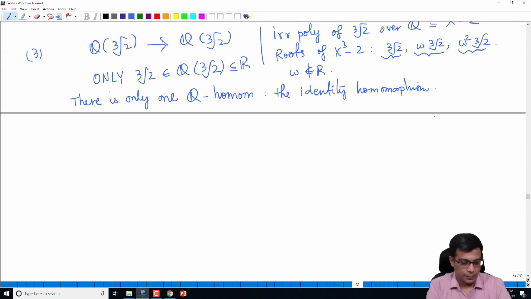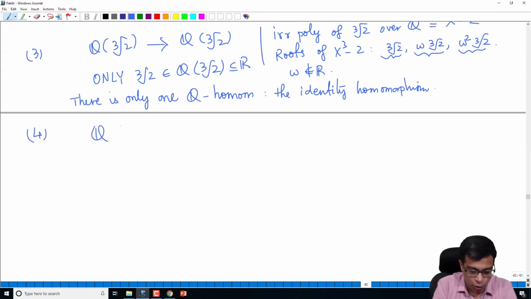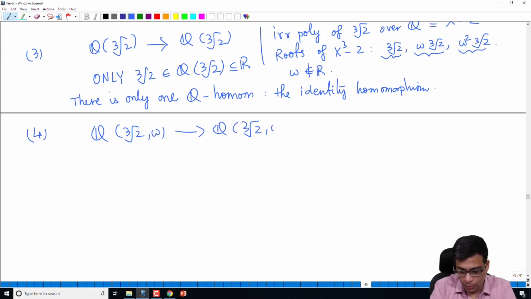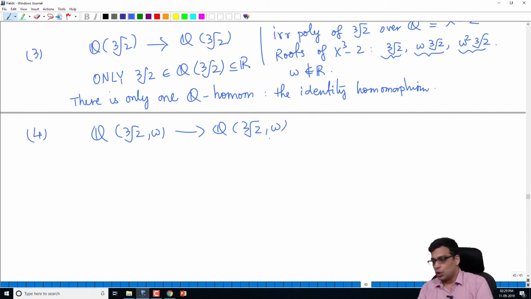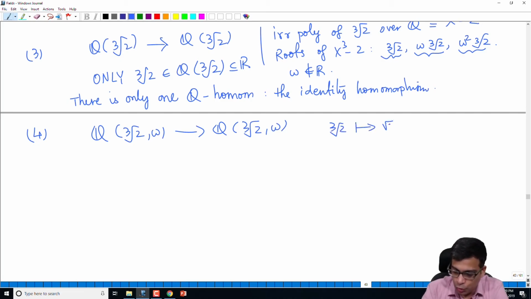And one final example I will do is Q adjoined cube root of 2 comma omega, to Q adjoined cube root of 2 comma omega. So here I do have other possibilities. So cube root of 2 can go to cube root of 2 or cube root of 2 omega or cube root of 2 omega squared.